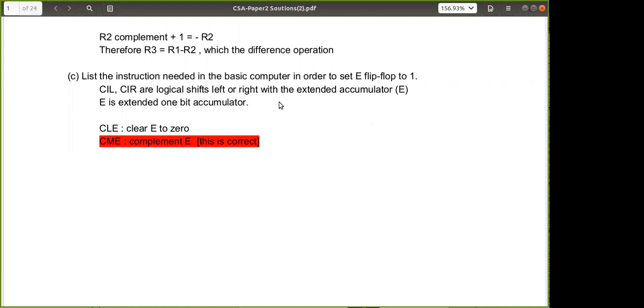When we do this shift, we need an extended bit, so that is called the E bit or the E flip-flop, the extended accumulator. We have two instructions: CLE means clear E to 0 and CME means complement E. So here, we have to set it to 1, so CME is the correct answer instead of CLE, which is not clear to 0.